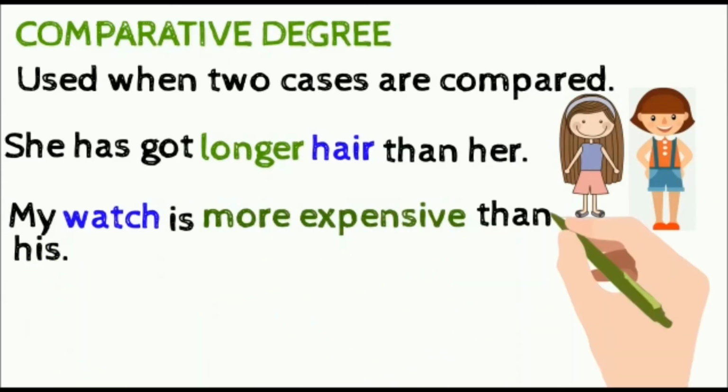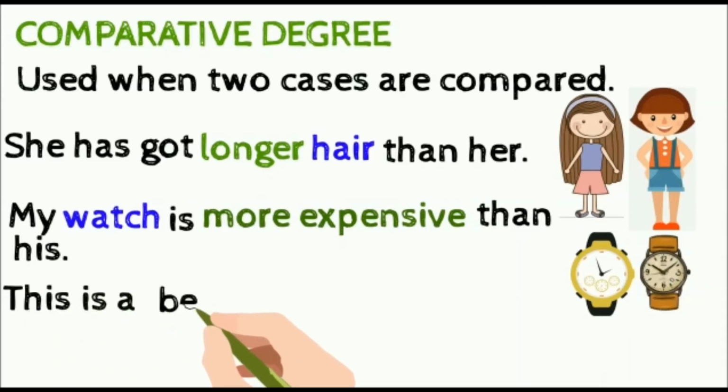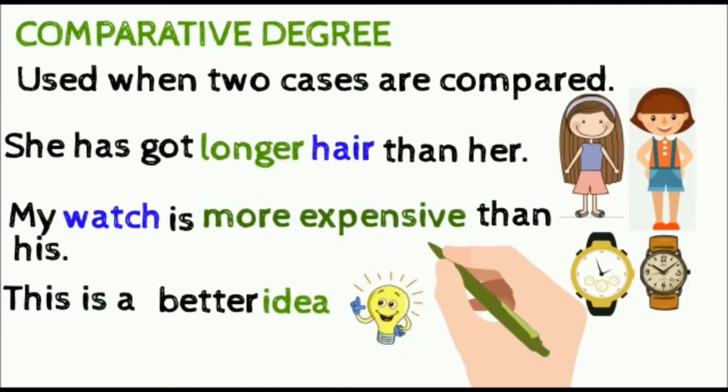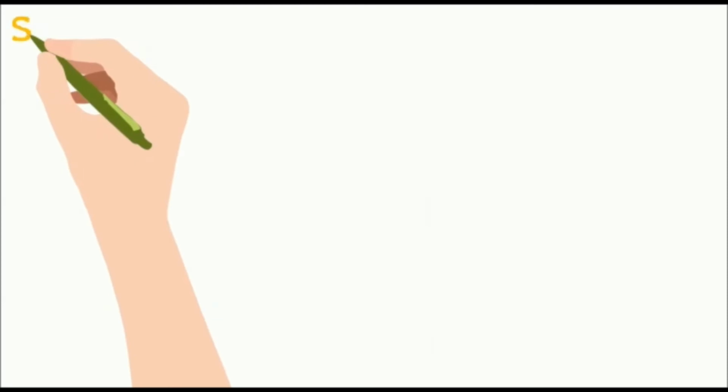I am comparing my watch to another person's watch, and therefore more expensive is the comparative degree of the adjective expensive. This is a better idea. Here better is the comparative degree used to describe the noun idea. Here better is the comparative degree of the adjective good.